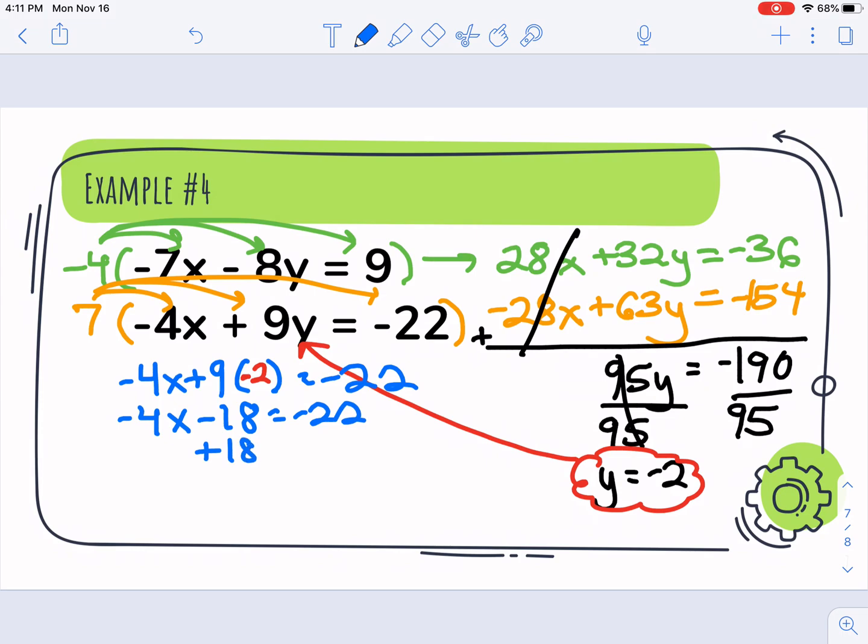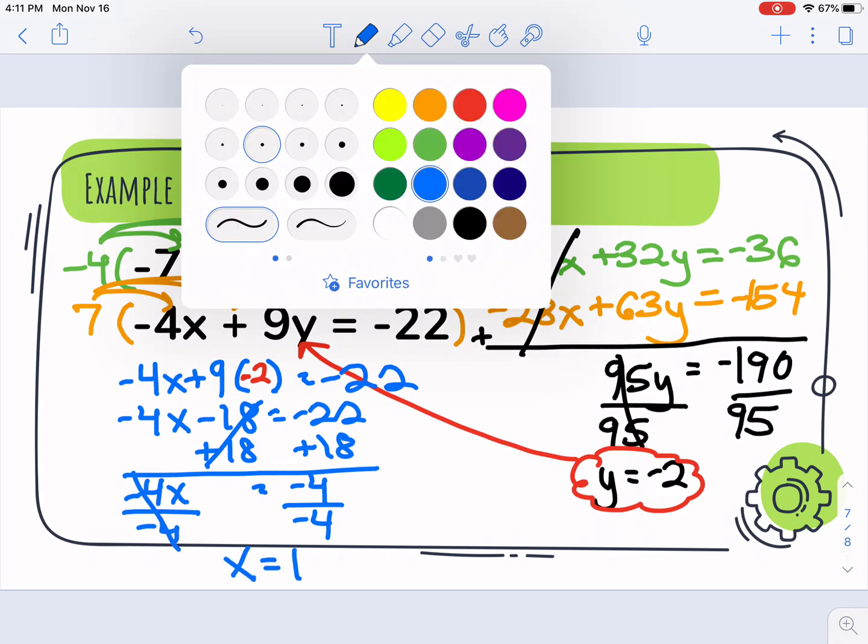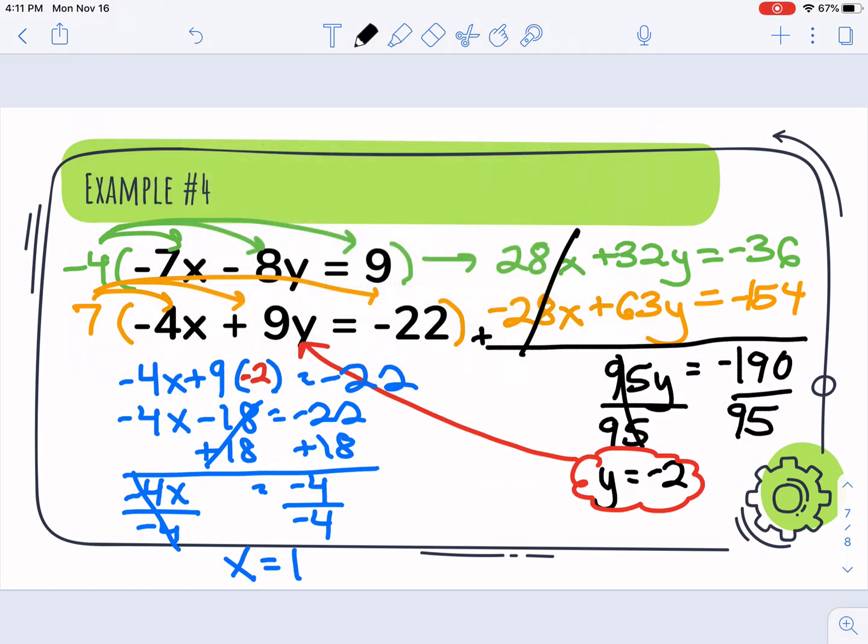If we add 18 to both sides, I have negative 4x equals negative 4. If we divide by negative 4, I have x equals 1. So (1, negative 2) is the solution to this system.